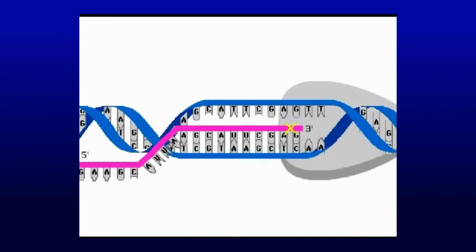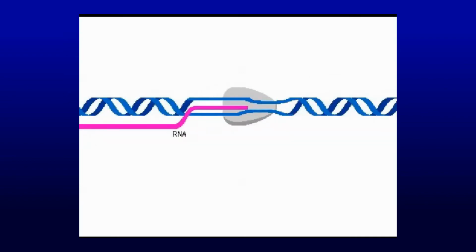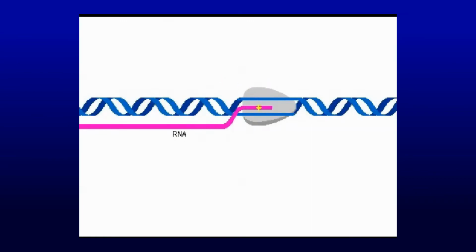RNA polymerase moves along the DNA strand in the 3' to 5' direction, adding nucleotides to the 3' end of the RNA chain. Note that U in RNA pairs with A in DNA. Once transcription is complete, RNA polymerase releases the completed RNA and detaches from the DNA.